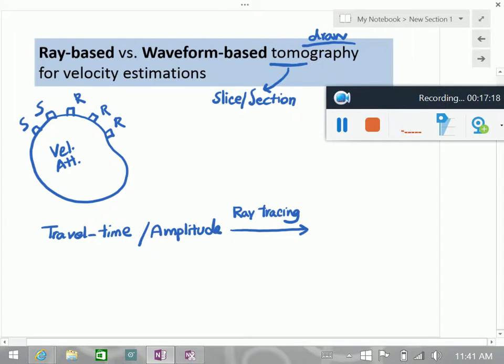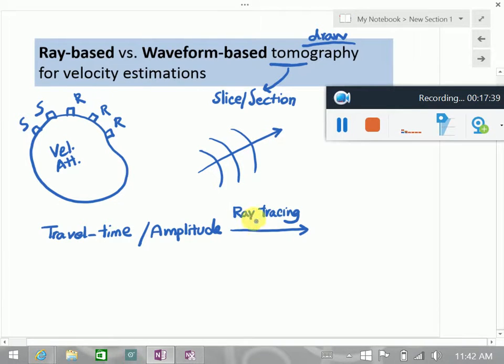That means you simplify the way the energy is propagating through the medium through rays. This we did when you calculated the reflection refraction coefficient, remember? So you have this wavefront and you just show it with a ray like that.